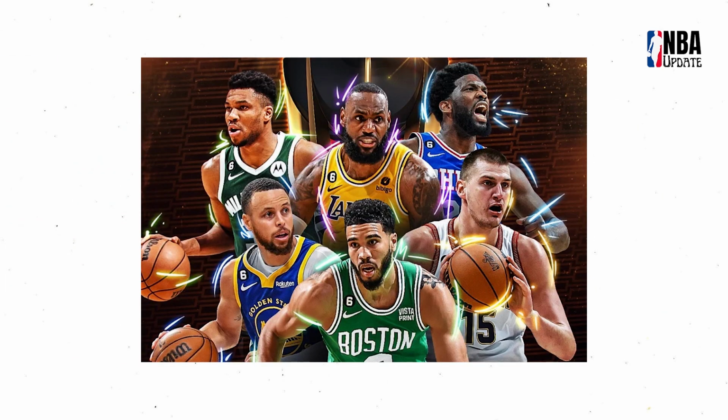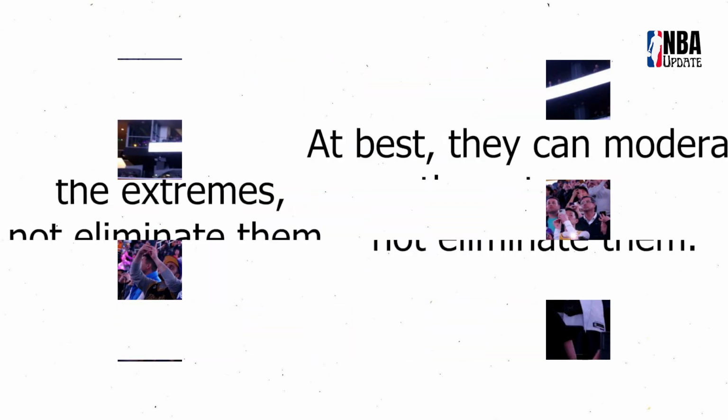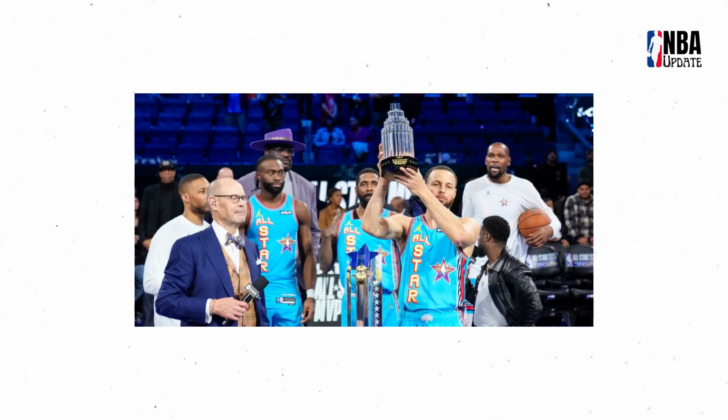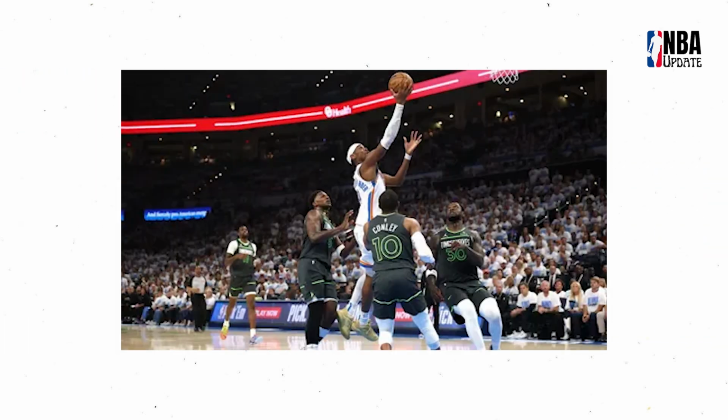However, because each group only holds 25% power, they cannot fully override fan momentum. At best, they can moderate the extremes, not eliminate them. This is why certain players with strong reputations but smaller fan bases often rank higher among players and media than fans, and still miss out on starting spots.